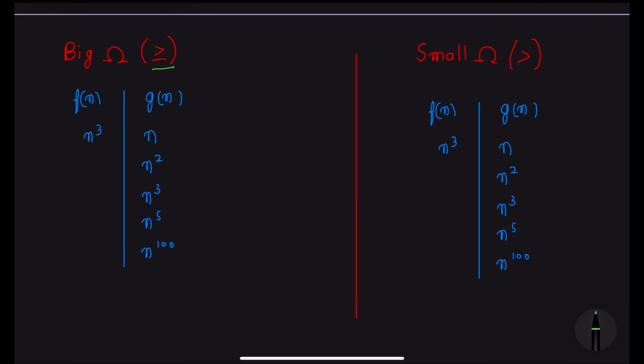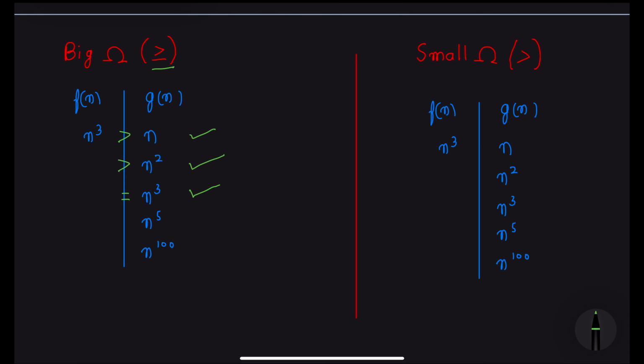First one, n cube. We can see n cube is greater than n, so this is big omega. Second is n square, this is also greater than, so this is big omega. Third we have n cube, this is equal, so this will be big omega as well.